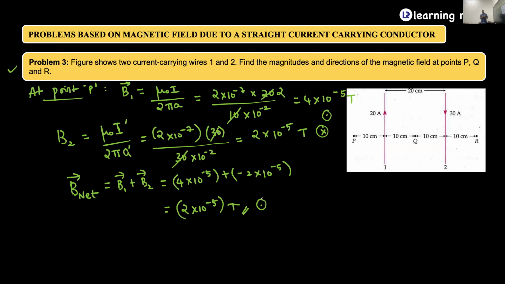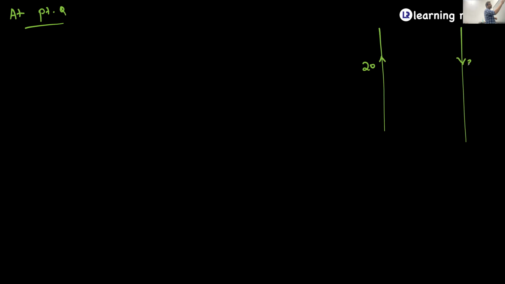Okay, so listen to this. If I take the point Q, the conductors are like this. They are parallel to each other. Here the current is 20. Here the current is 30.